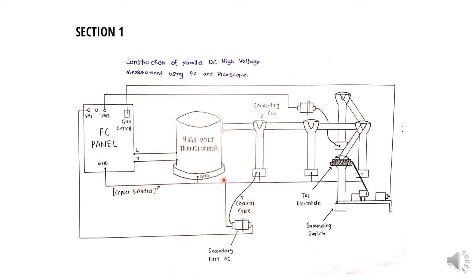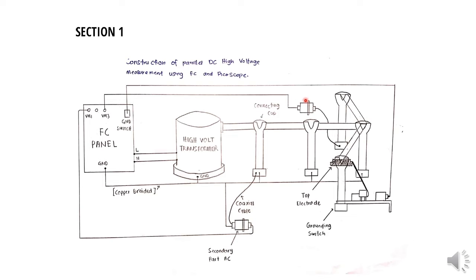So the first FC panel is connected to the high voltage transformer. Then they are connected to the 3 connecting cup, which is the diode. It operates as the rectifier.